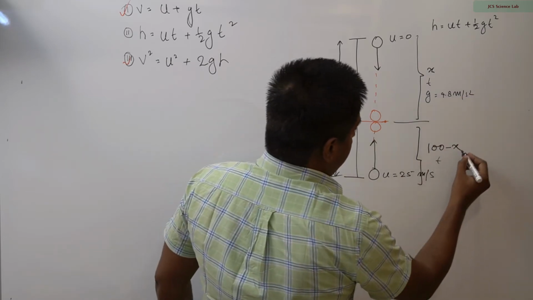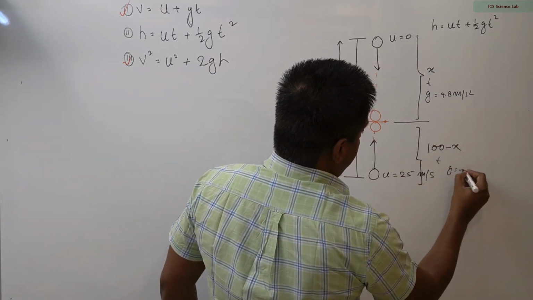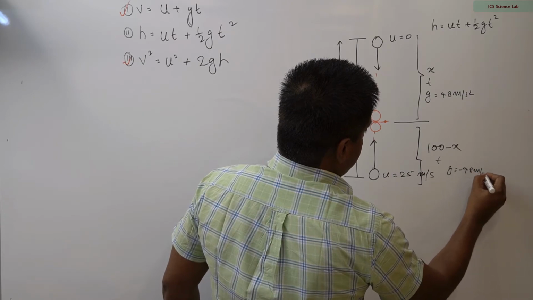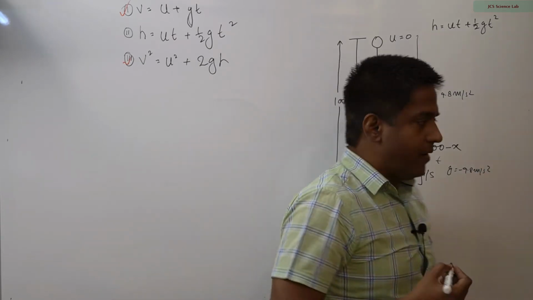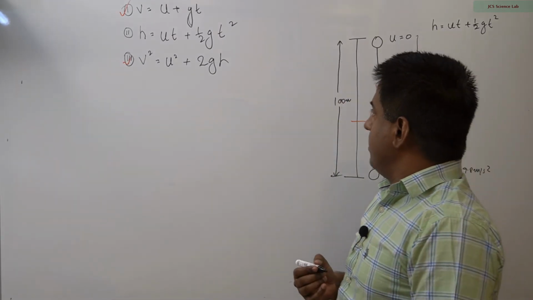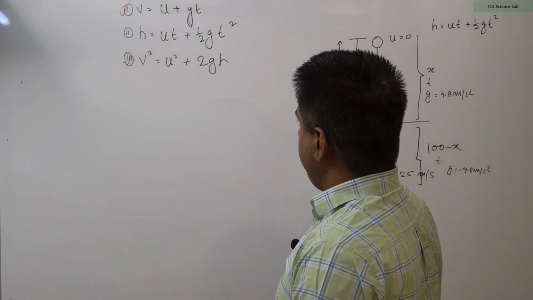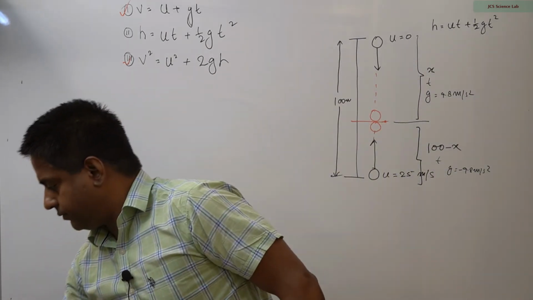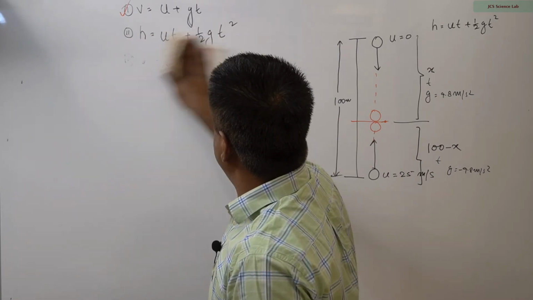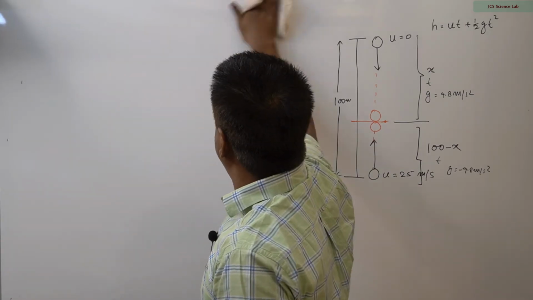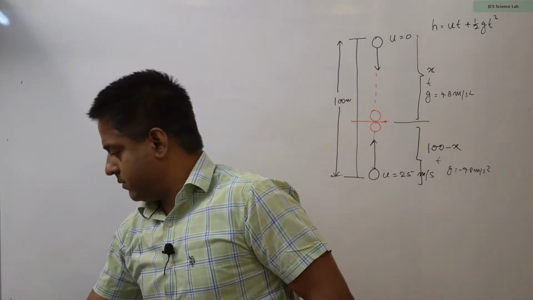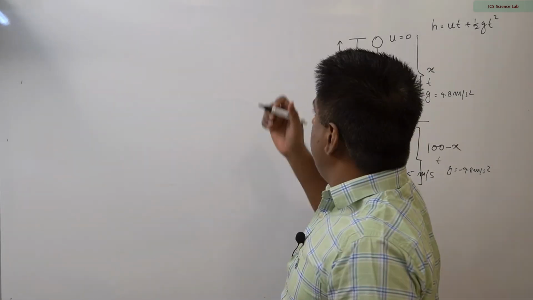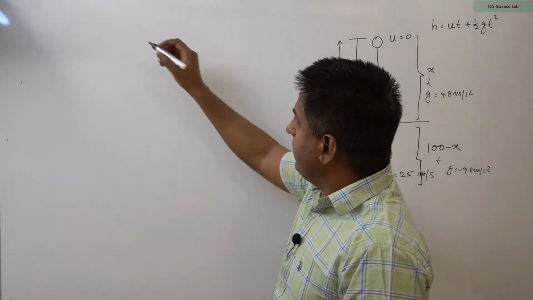And for upward, g is minus 9.8 meter per second square, right? So we'll see here.